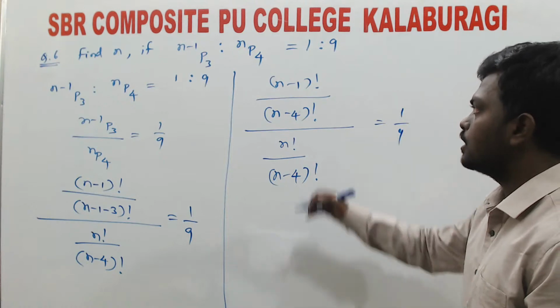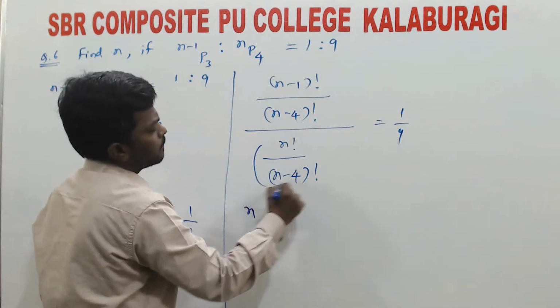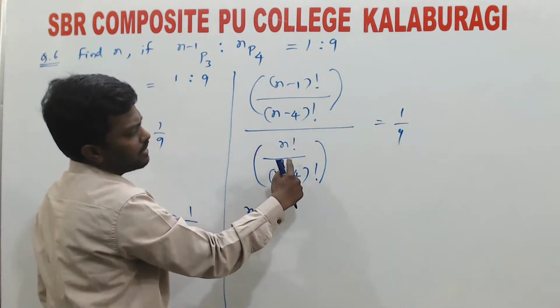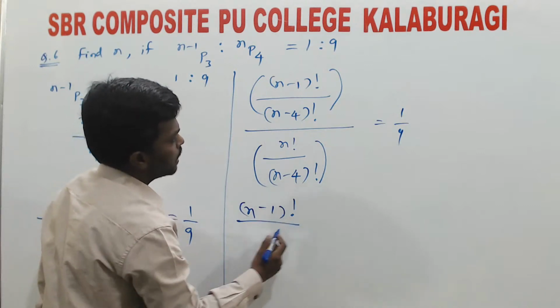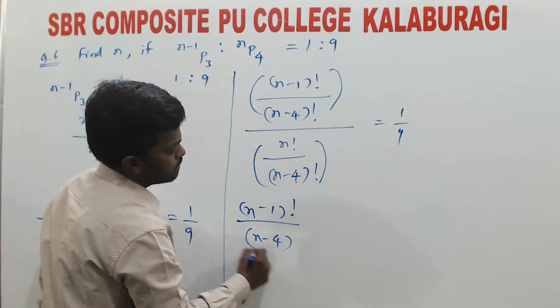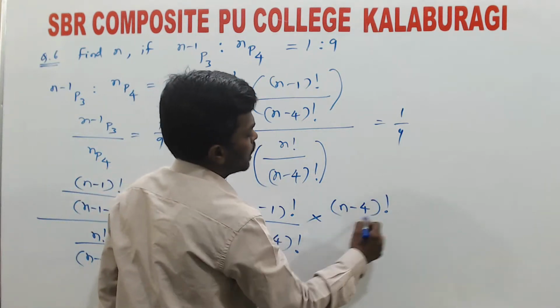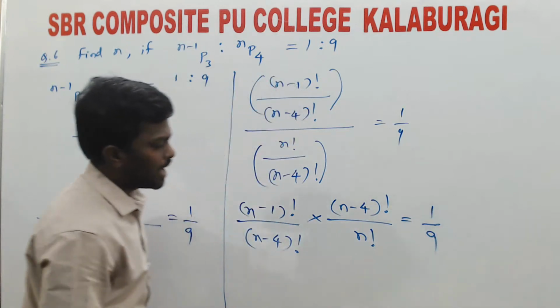Yes, students. If you see, this is nothing but of the type (a by b) whole divided by (c by d), right? So I can write this as (n minus 1) factorial divided by (n minus 4) factorial into (n minus 4) factorial whole divided by n factorial, which is equal to 1 by 9.